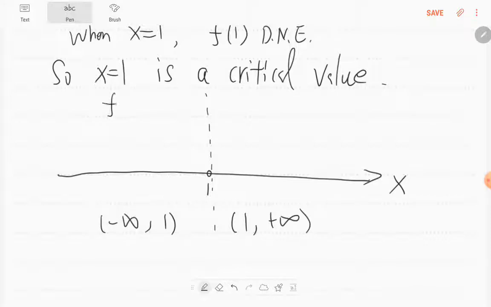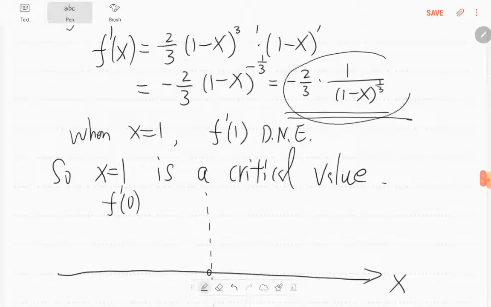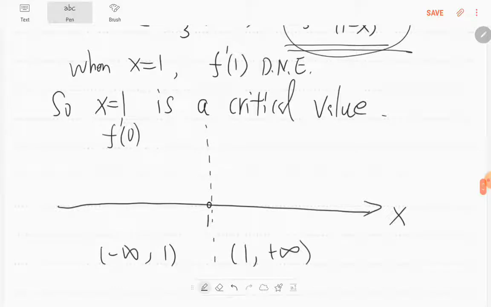So here we plug in a number less than 1, for example 0. Then you will see it's a negative number, so on the whole interval this would be negative, which means it's decreasing. And then on the other interval, we plug in 2, for example.